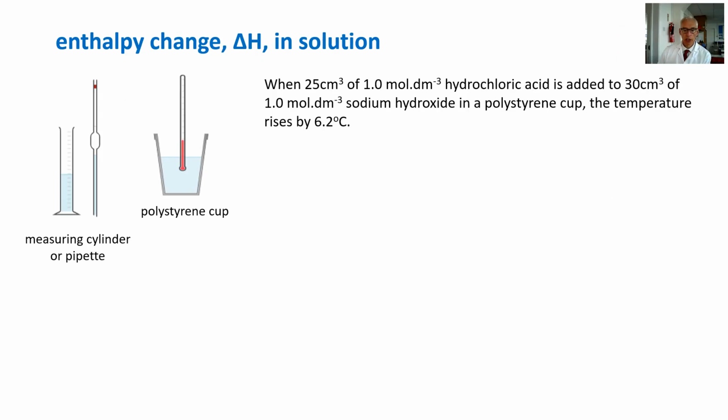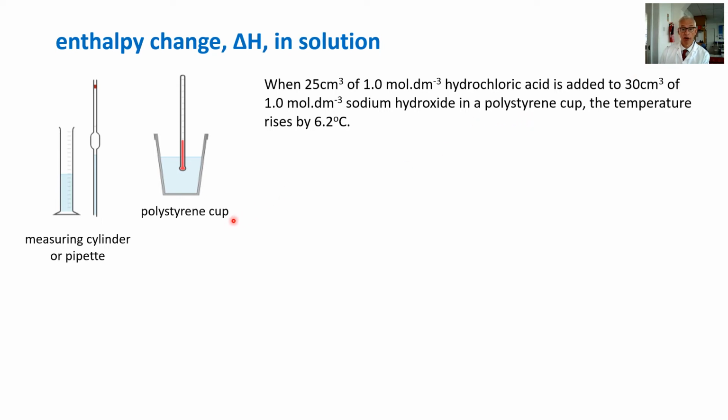So let's look at calculating enthalpy change of reactions in solution. A typical reaction would be when 25 centimeters cubed of 1 mole per decimeter cubed hydrochloric acid is added to 30 centimeters cubed of sodium hydroxide of the same concentration in a polystyrene cup.